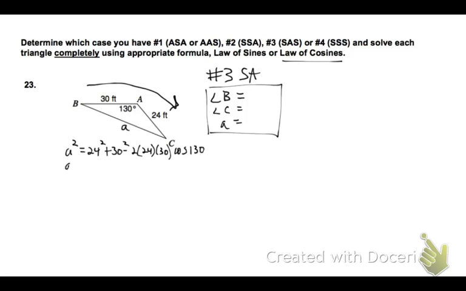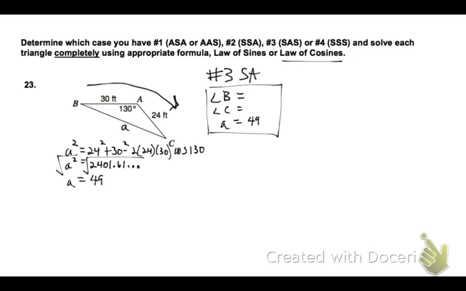Alright, key that in your calculator and you'll get 2,401.61 and some other digits. Leave those digits in your calculator and then take the square root. So side A, if we round to ones place, will be 49.